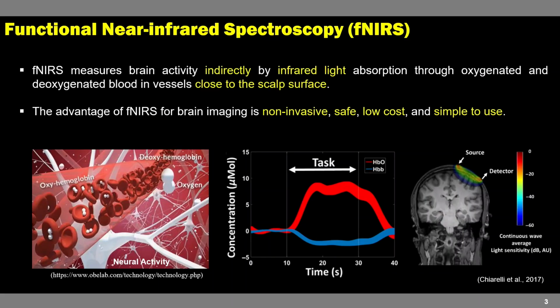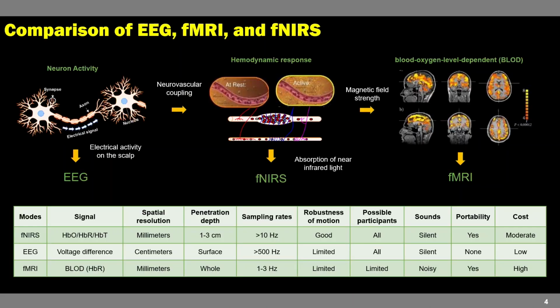As mentioned in the previous session, fNIRS is an indirect neuroimaging modality that measures the absorption of oxygenated and deoxygenated hemoglobin from the head. Compared with fMRI and EEG: in the EEG case, we can measure brain activity from the scalp.